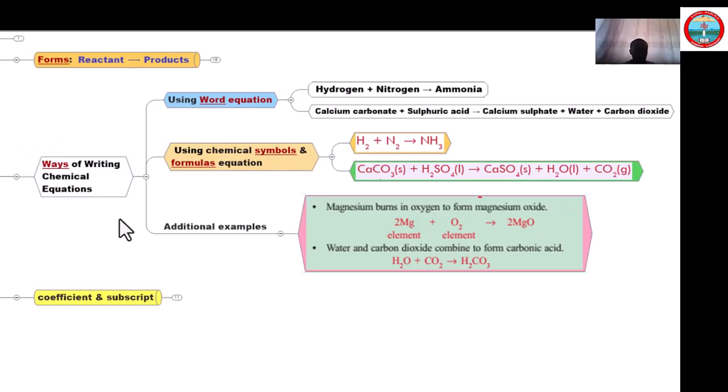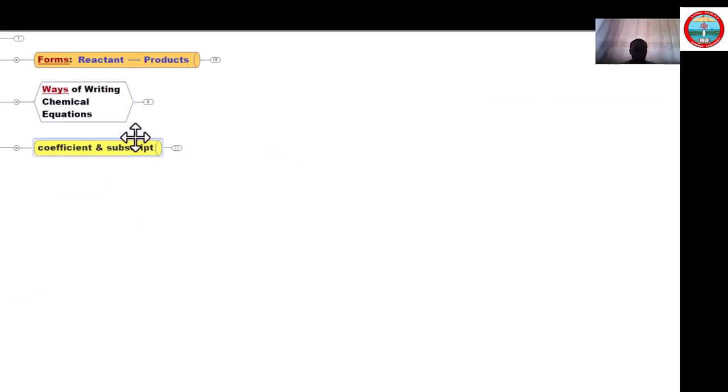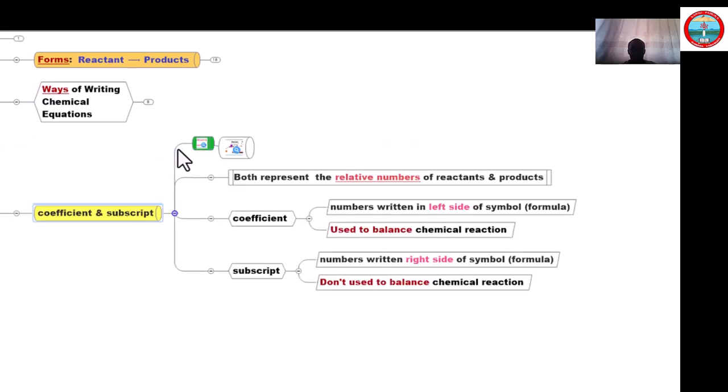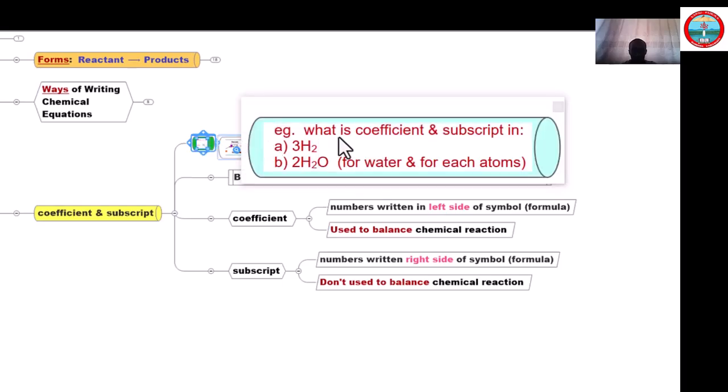Another thing is the role of coefficients and subscripts. What are coefficients and subscripts in a chemical reaction? For example, what are the coefficient and subscript in this chemical symbol and in this compound, for hydrogen and for oxygen? As you know, for the first one, this 3 is the coefficient for the hydrogen, and this 2 is the subscript for the hydrogen.